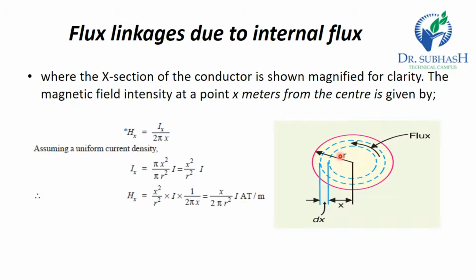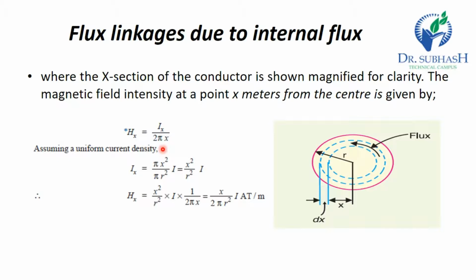Now, according to Ampere's law, the mmf around any closed path equals the current enclosed by the path. The current enclosed by the path is Ix, so mmf is equal to intensity times path length: here intensity Hx times 2 pi x. So Hx is equal to Ix upon 2 pi x.